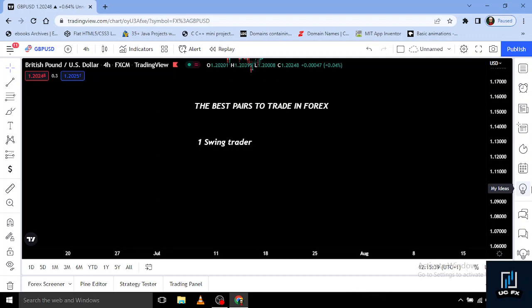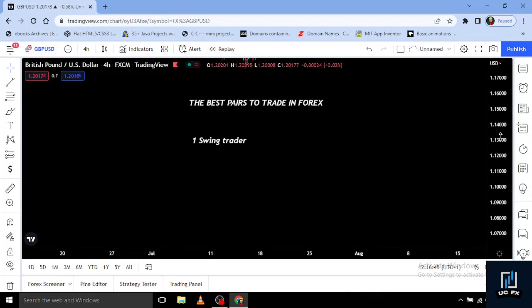I would suggest you trade at least 5 to 7 pairs, because if you focus on say 2 pairs, you are going to wait for days or even weeks for your setup to start playing, and this can get you frustrated and you will eventually start forcing trades, which is not good. So I would suggest you have at least 5 to 7 pairs, focus on only them, take your time, understand how they move and capitalize on it.